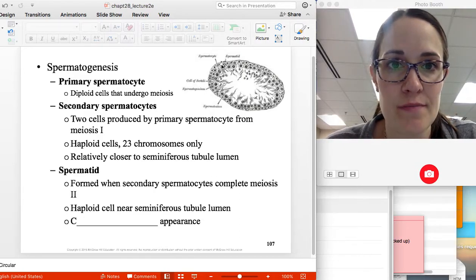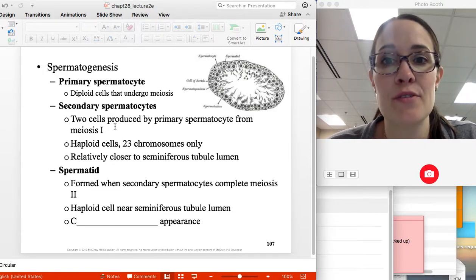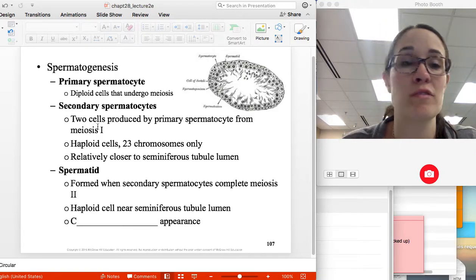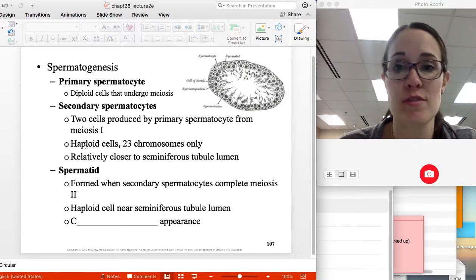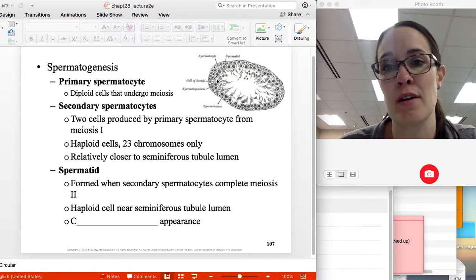So here we go. We're on the outside, and now we're making the step further. Then they develop into secondary spermatocytes through the first round of meiosis. They are now haploid, or 23 chromosomes, and they get closer. As they move closer to full sperm, they move closer to the middle.